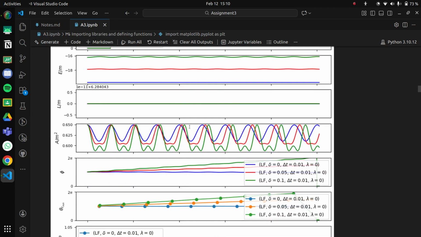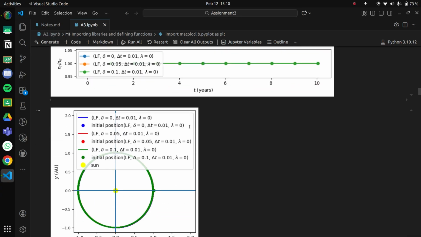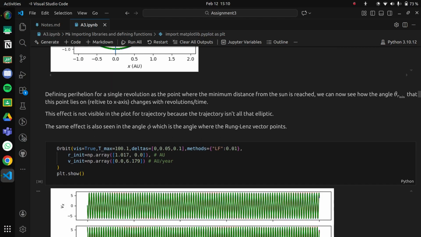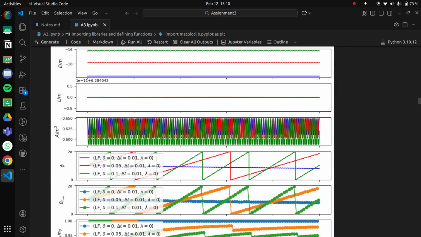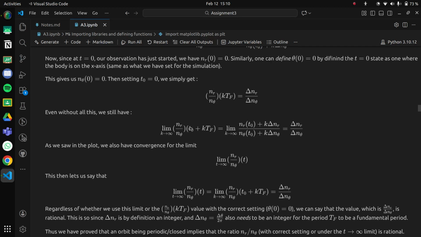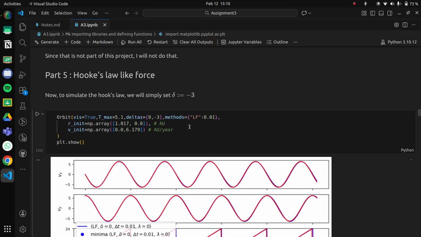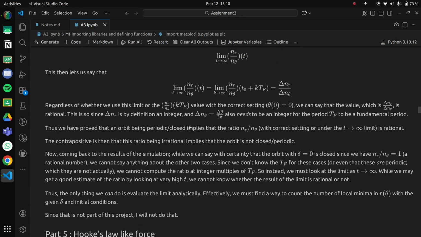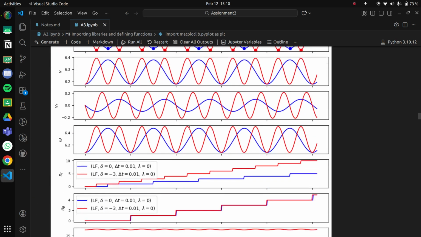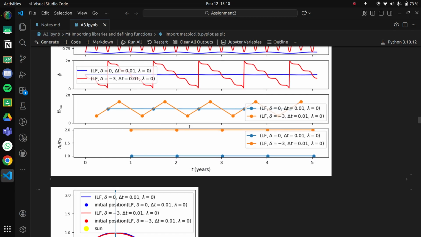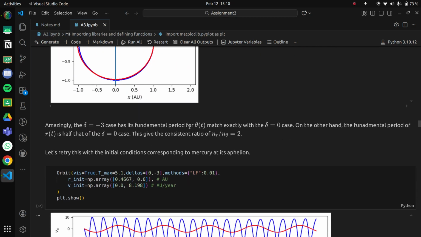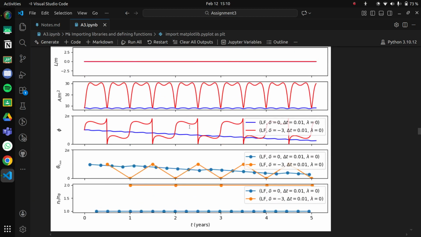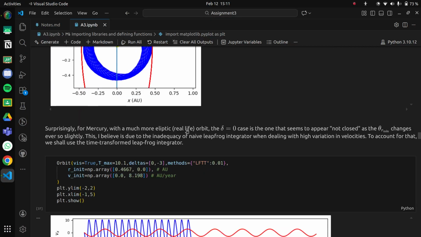So I'm going to go back to the case where I started the leapfrog time transform thing. Where am I doing leapfrog time transform? Oh, yeah, okay, I changed this thing and then it was like that.